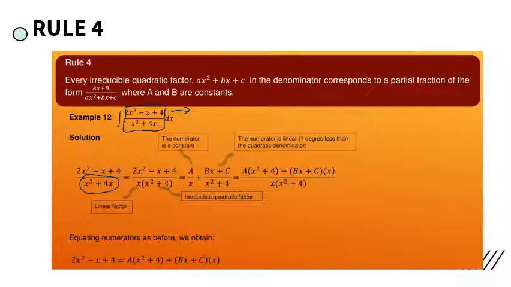We factorize this cubic function first. So x is the linear factor and x squared plus 4 is the irreducible quadratic factor. This quadratic factor, we can't factorize.